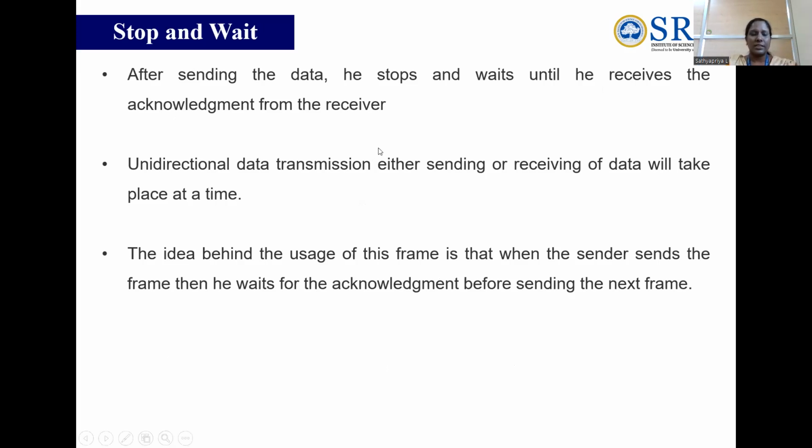Stop and wait protocol follows unidirectional data transmission, so either the sender or the receiver sends data at a time. The idea is that the sender sends a frame and waits for the acknowledgement before sending the next frame.